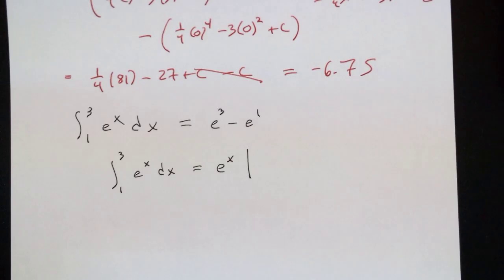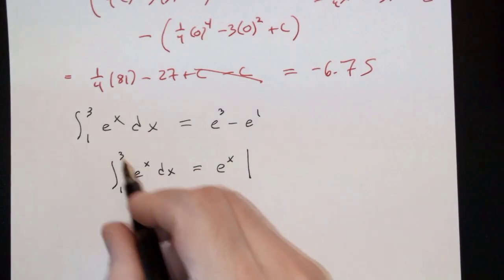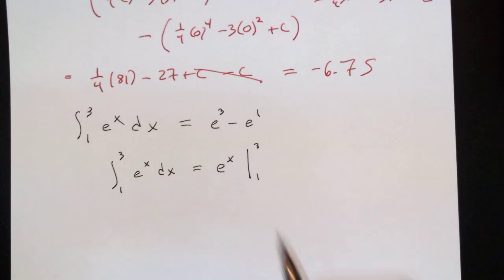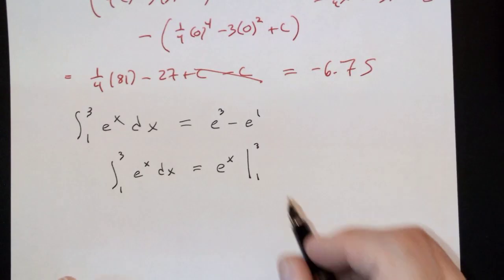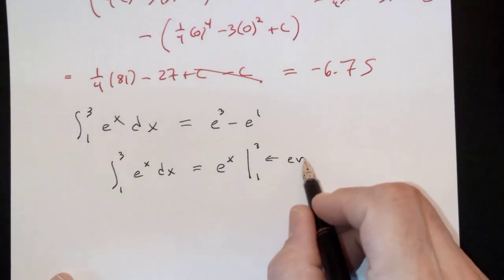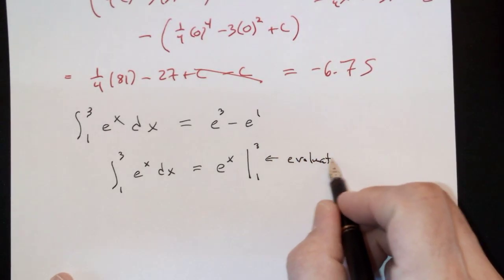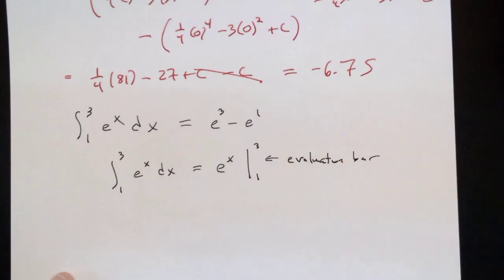It's like I did the integral, so the integral symbol should go away. Now I need to stick these numbers in, 3 and 1. I put the number on the top in first, number on the bottom in second, and subtract the two. This is just a shorthand notation. It's called an evaluation bar. Since that is in computer science and Unix called the pipe symbol, you'll sometimes see it called the evaluation pipe.